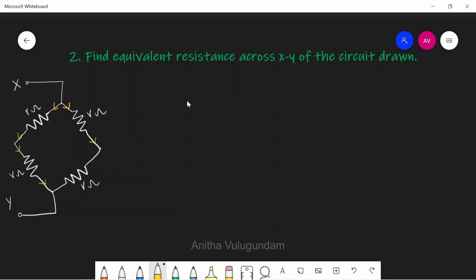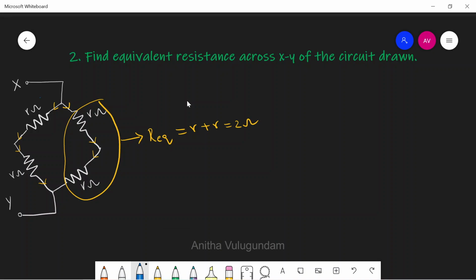And even here the same current flows in this branch. We can say this R ohm and this R ohm are in series. We can write here R equivalent for this branch equal to R plus R, that equals 2R.